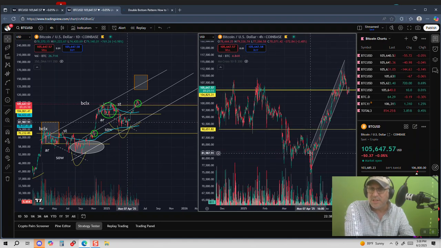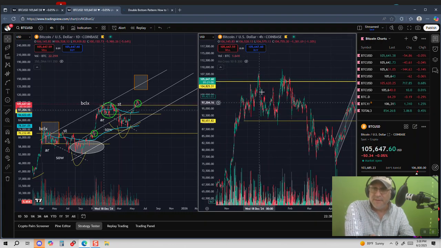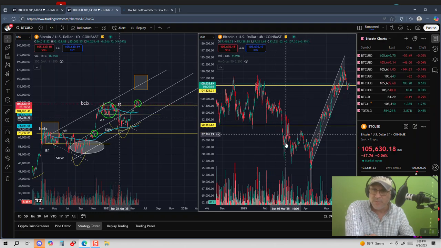And so we see here on the micro, on the 4 hour, all this is this here, obviously. And this is that diamond that we came out of back in December, this markdown. Remember, we rode this down. And then we had this, it looks like a triple bottom here.